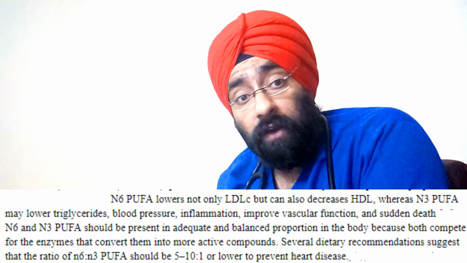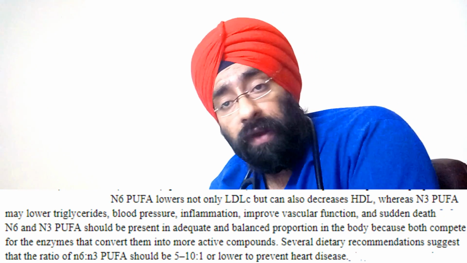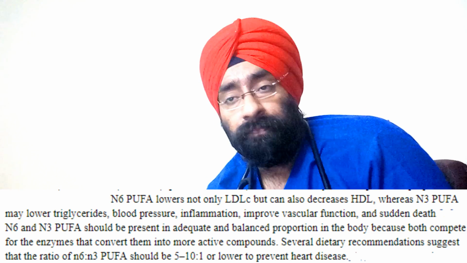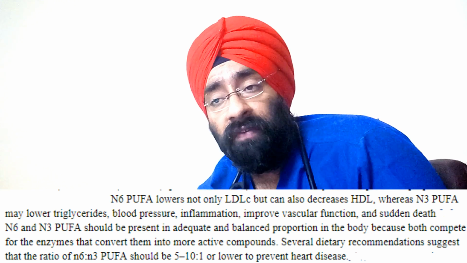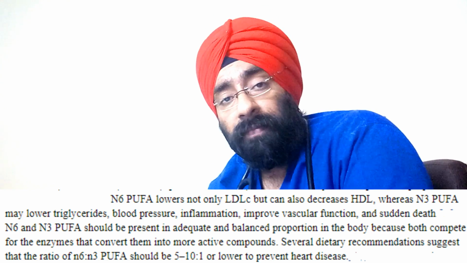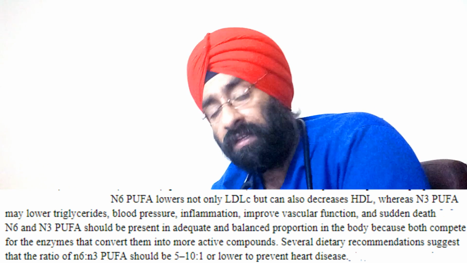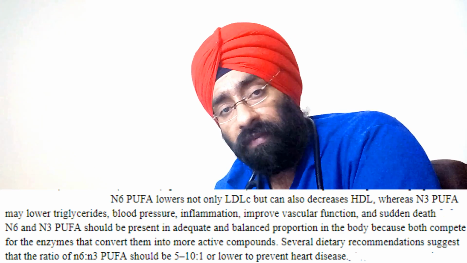Omega 6 and omega 3 fatty acids should be present in adequate and balanced proportion in the body, because both of them compete for the same enzyme that converts them into the more active components. Therefore, if there is much more omega-6, then omega-3 will be suppressed.